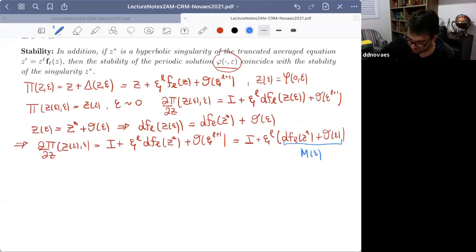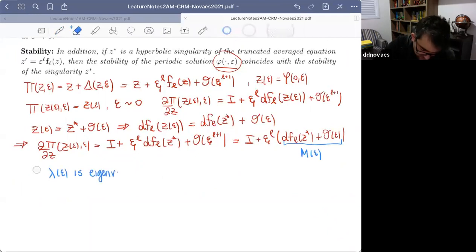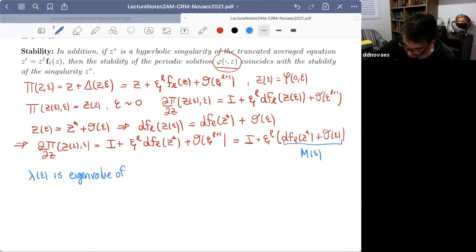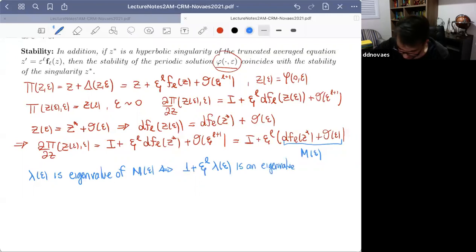We saw that lambda epsilon is an eigenvalue of M epsilon if and only if 1 plus epsilon^L lambda epsilon is an eigenvalue of the derivative of the Poincaré map at the fixed point.